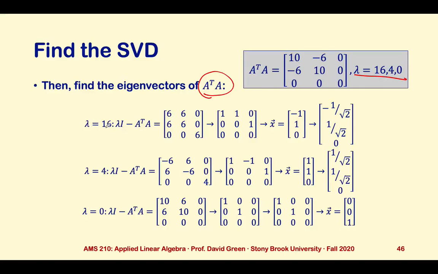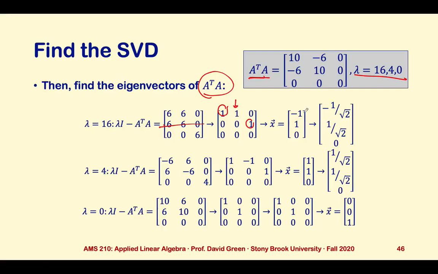When lambda equals 16, be careful here, we use the eigenvalues of this matrix, not the singular values, which were the square roots. When lambda equals 16, lambda I minus A transpose A becomes 6, 6, 0, 6, 6, 0, and 0, 0, 6. We have a duplicate row that will become all zeros. Divide everything through to scale so that we have our pivots of 1, and a free variable in the middle.